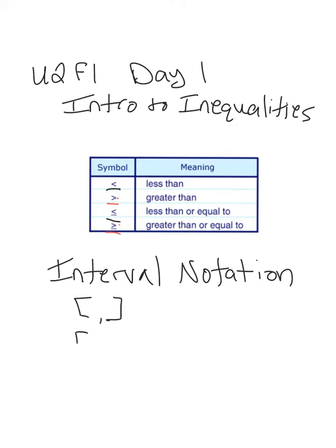You might have a bracket here and a parenthesis there, or you could have a parenthesis there and a bracket there. Brackets tell us that the number is a solution, okay? So brackets, part of solution.